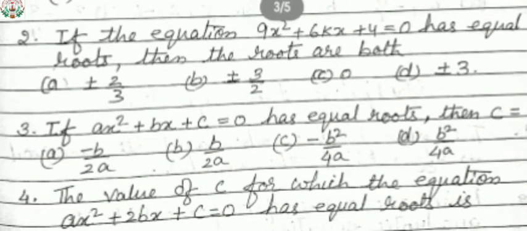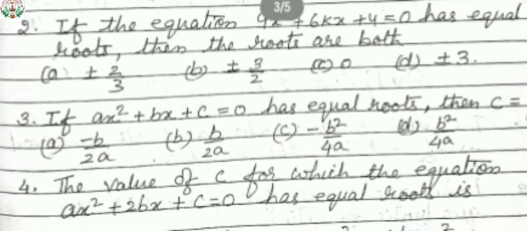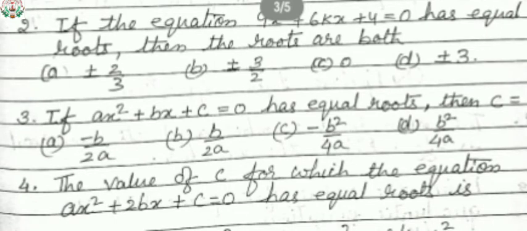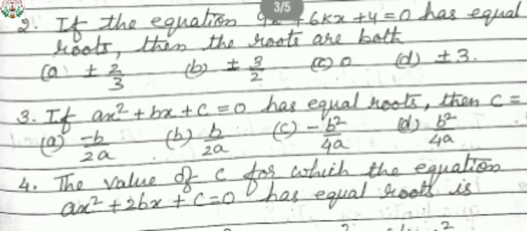Then the third one is: if ax² + bx + c = 0 has equal roots, then c equals... Again in the same way, has equal roots means D = 0, that is discriminant equals 0. So here D means again b² - 4ac, which equals 0.